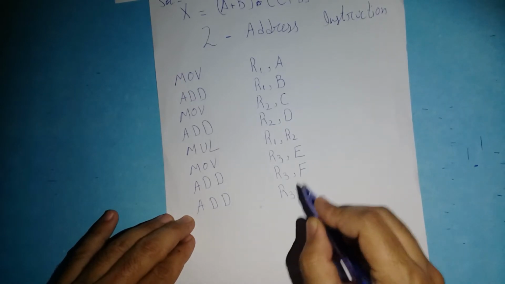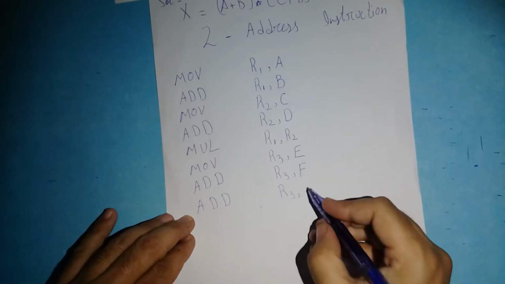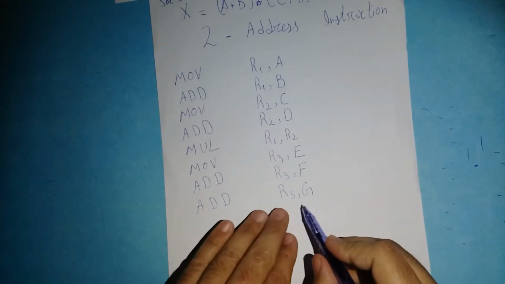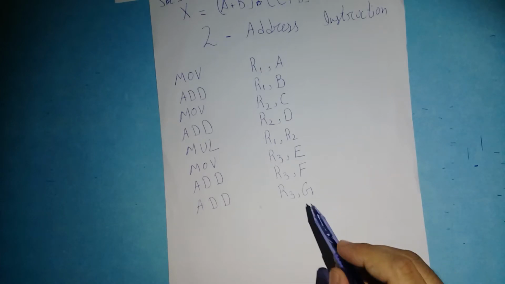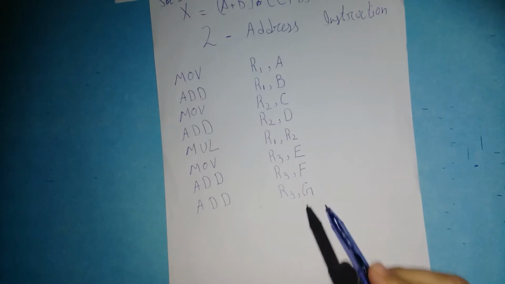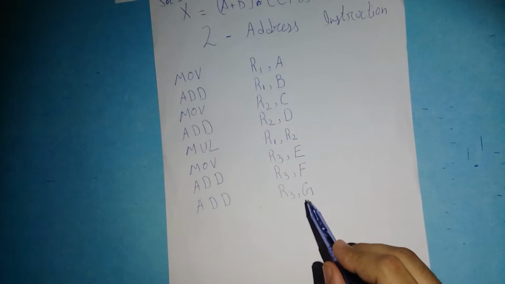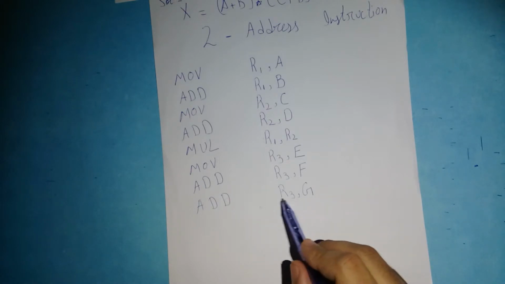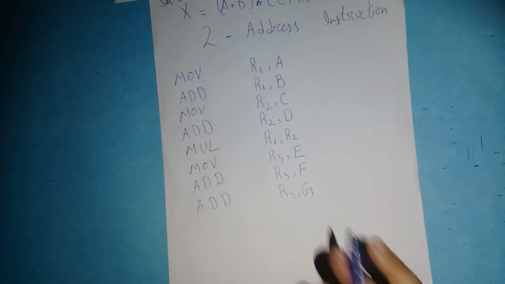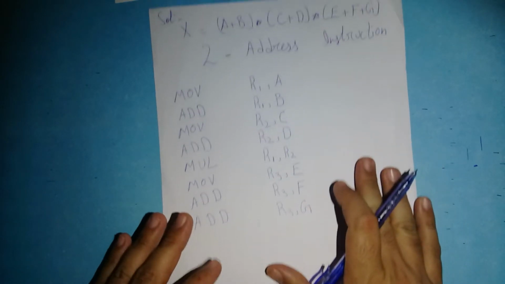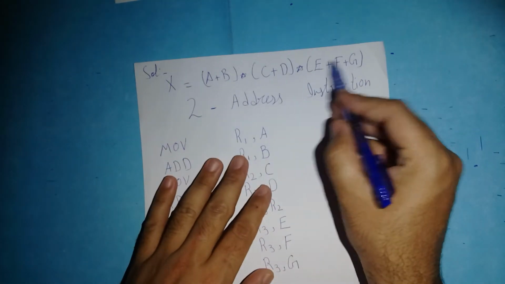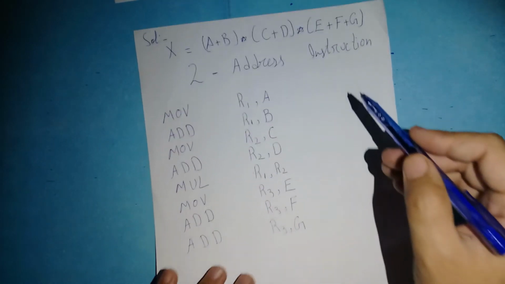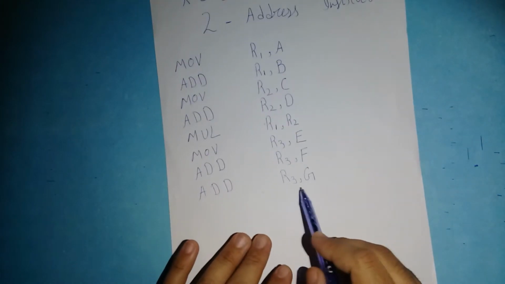Because R3 has got the answer of E plus F. Now here I write down the variable G. So in this line, E plus F is added with variable G, and the answer goes to R3, which is register 3, the third register. So now the third bracket has been solved and its answer is moved into the third register, R3.